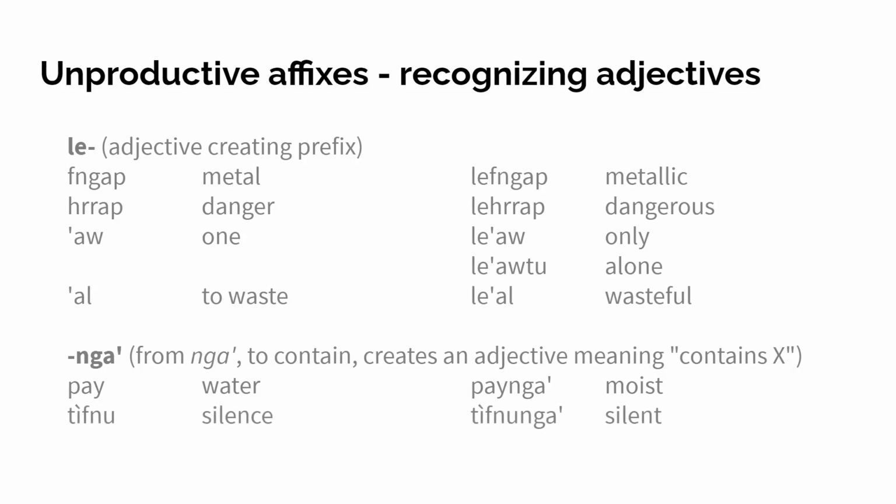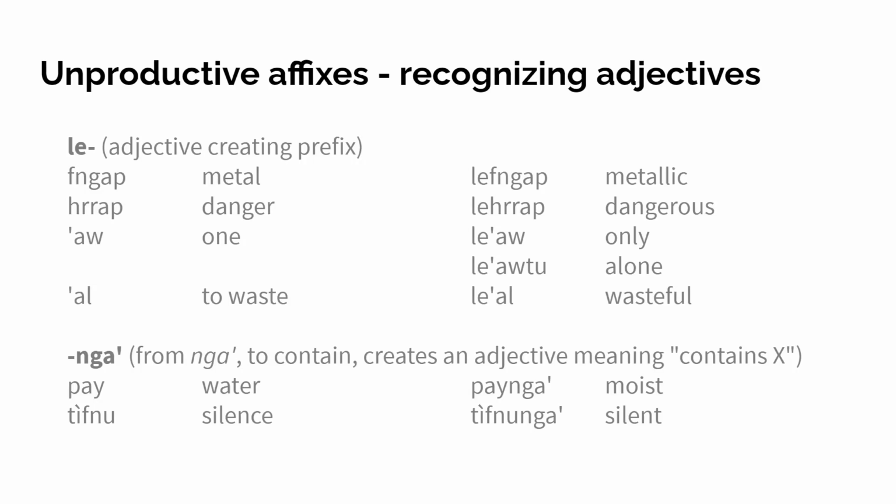And here we again see an example of our rule not really working, because with tifnu, we have the te here, so it seems to be a noun, but tifnu nga has two affixes on both sides. So it has the te in the front and the nga at the end. The te tells us it should be a noun, the nga tells us it should be an adjective, and here it really depends on what is derived from what.